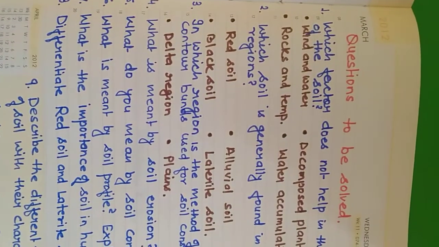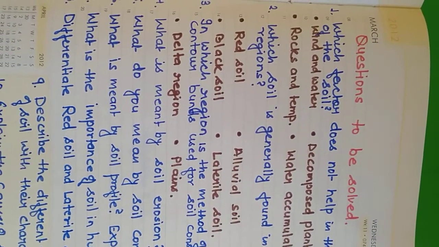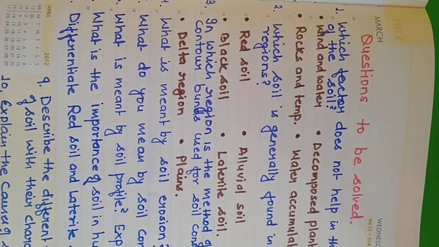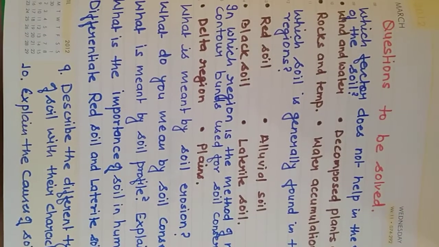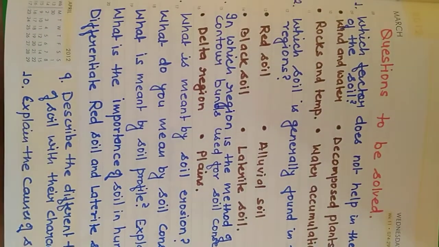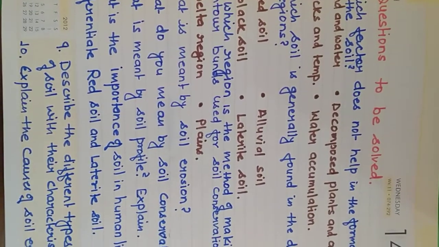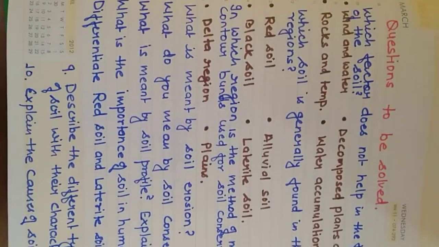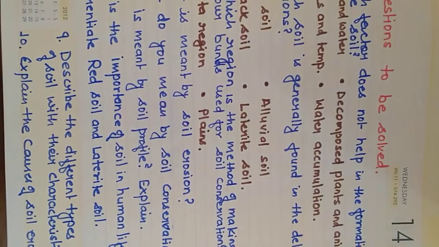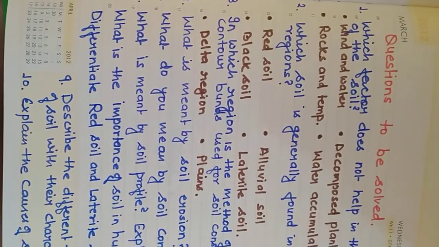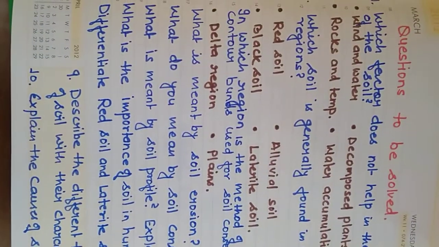So your questions are, which are to be solved. Question number one is, which factor does not help in the formation of the soil? Your options are wind and water, decomposed plants and animals, rocks and temperature, water accumulation. Your second question is, which soil is generally found in delta regions?